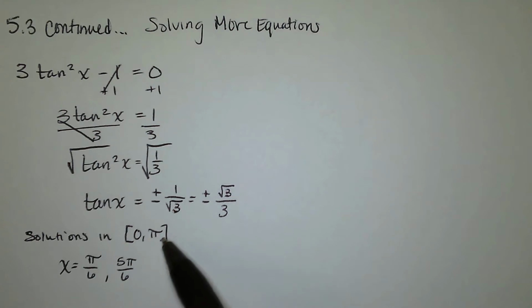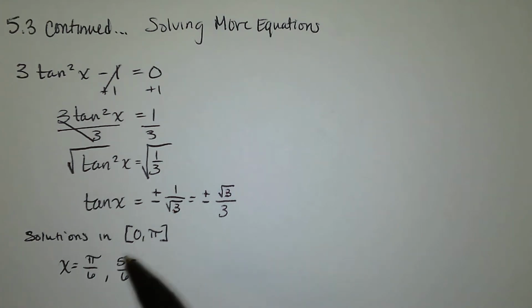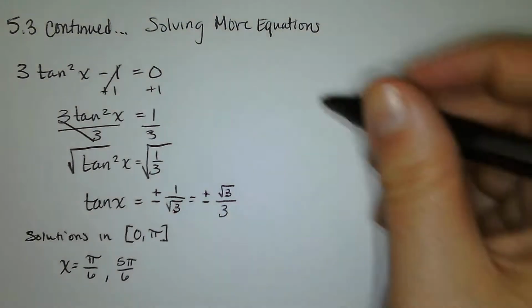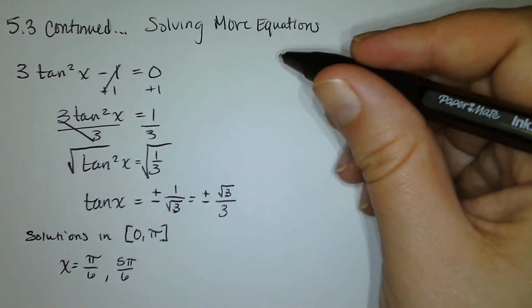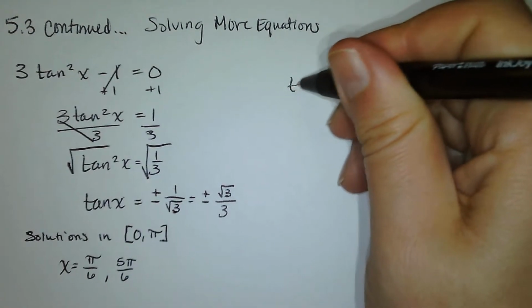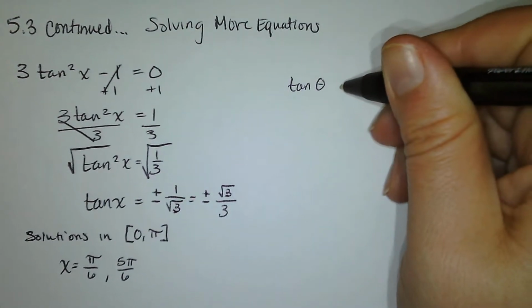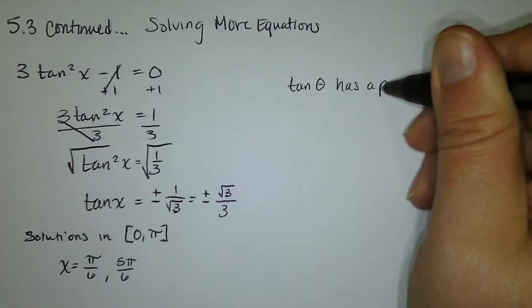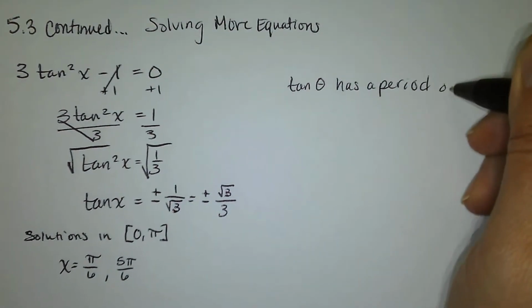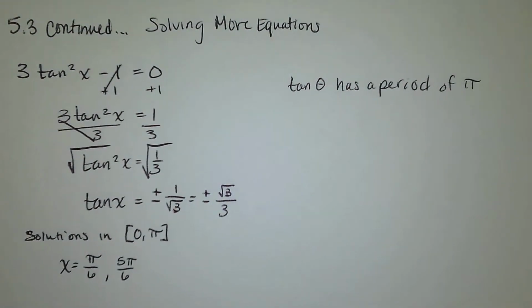But these are only the solutions in this interval. So if we want to consider all solutions, we have to go back and realize that tangent of theta has a period of pi. So we're going to add and subtract pi.